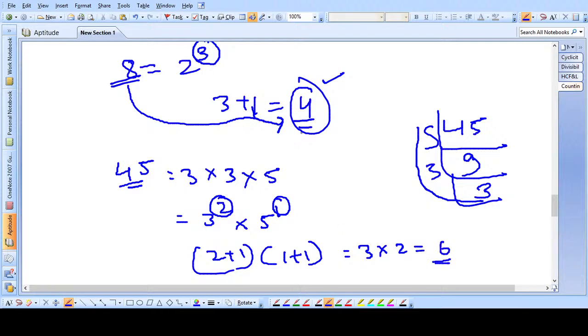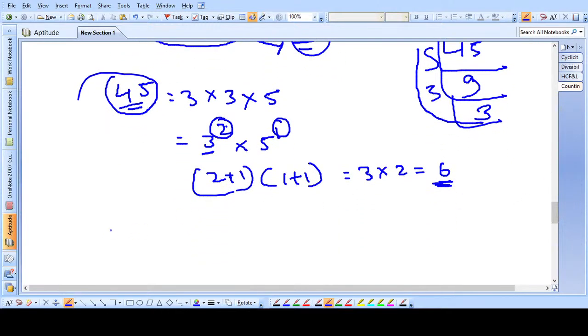If such numbers are there, you just have to add 1 to each power and multiply. So there are 6 factors of 45. What are they, by the way? If someone asks, 1, you can just see from here, it's not a big deal.